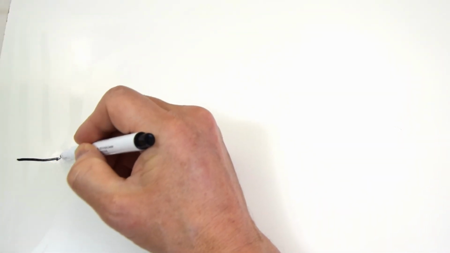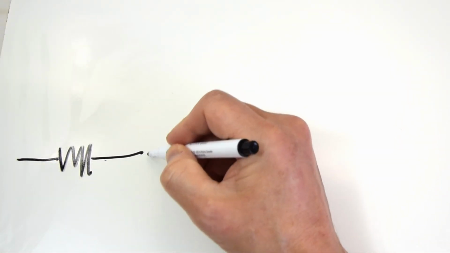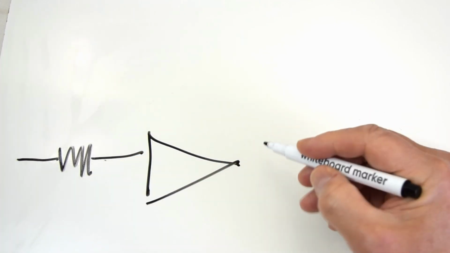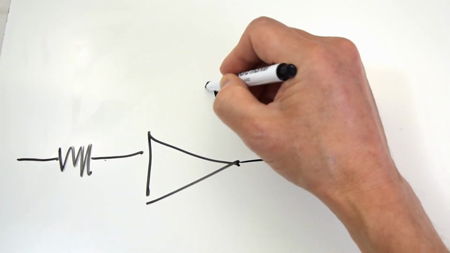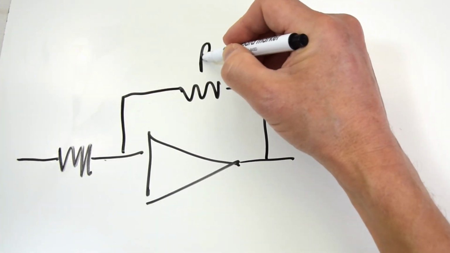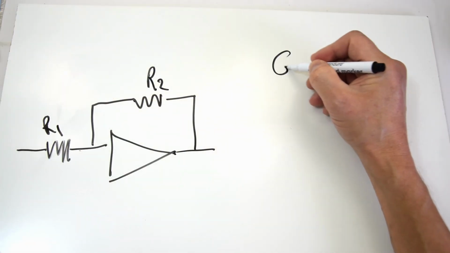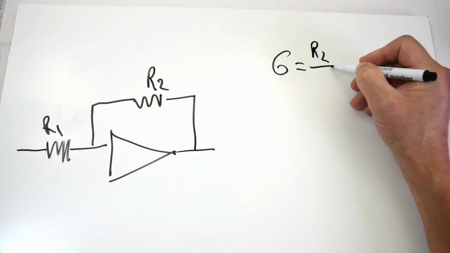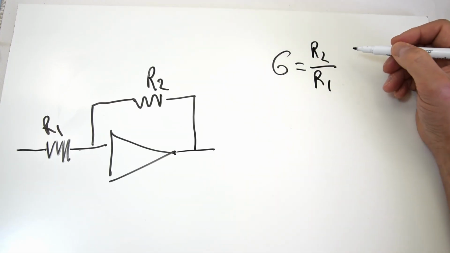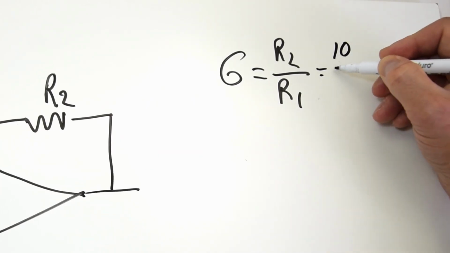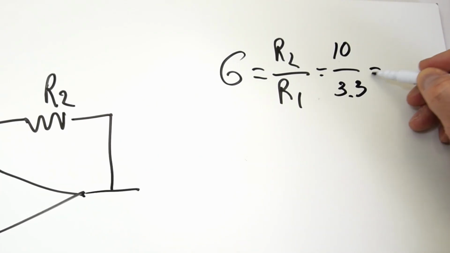As we saw earlier, the gain of an op-amp is given by the input resistor, R1, and the feedback resistor, R2. The gain in this case is R2 over R1. In my amplifier, that would be 10K over 3.3K, a gain of 3.